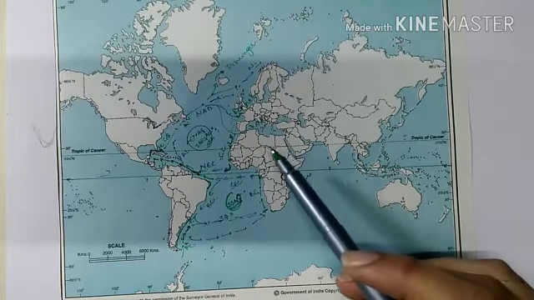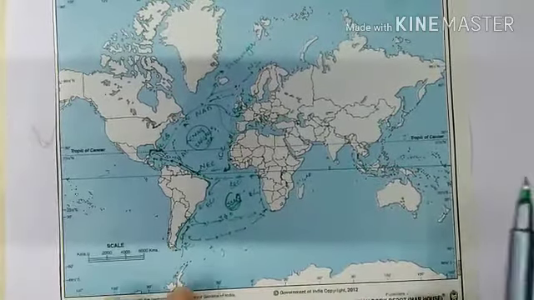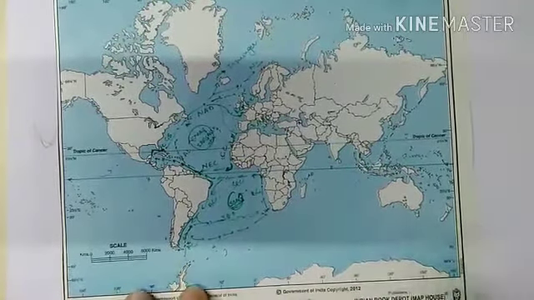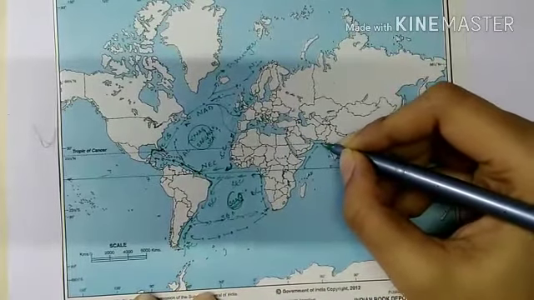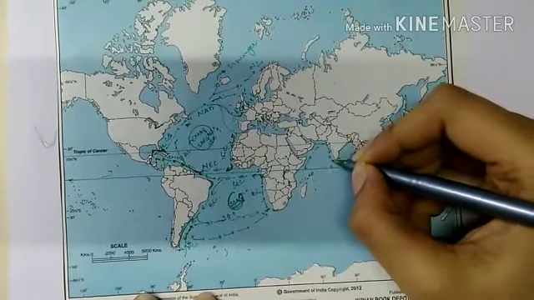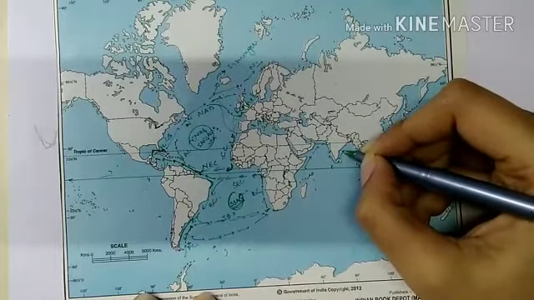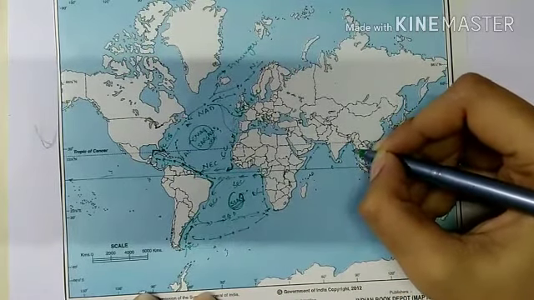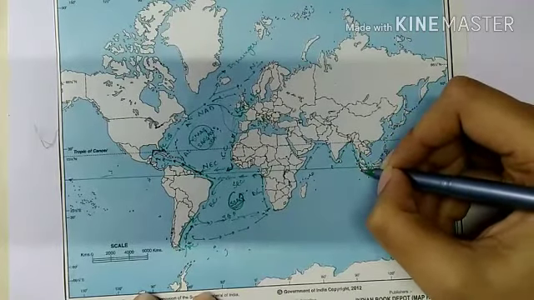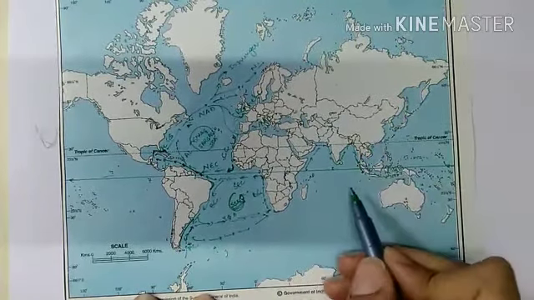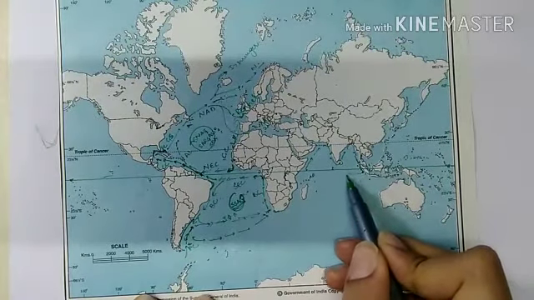So during summer we will have the southwest monsoon current. They move from Sri Lanka like this, and then they get attached with the south equatorial current of the Indian Ocean.